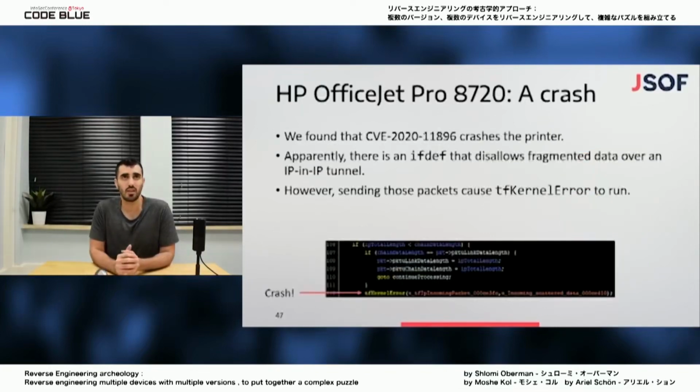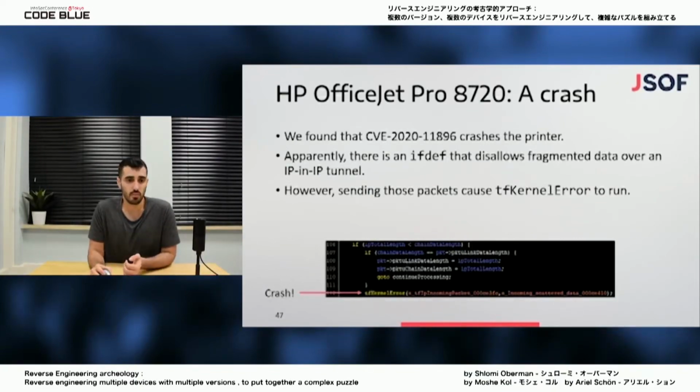And then in HP printers, we found a vulnerability variant. The previously found vulnerability in the Treck DHCP client, which was exploited in Digi CVE-2020-11896, crashes the printer instead of triggering remote code execution.